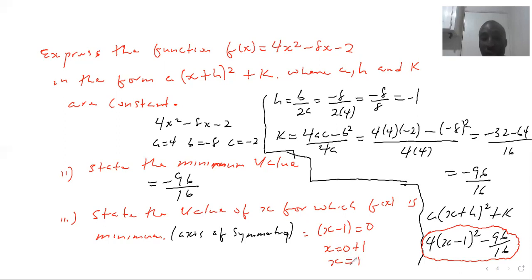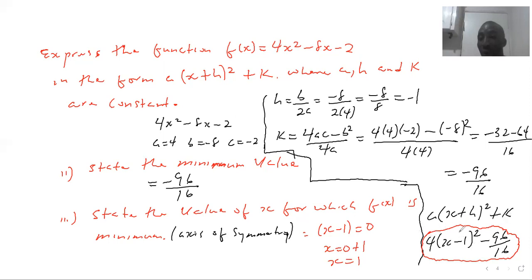Is that clear, guys? Remember, the first thing we do is write in the form of completing the square using the formula h is b over 2a, k is 4ac minus b squared over 4a. We substitute in the values and work it out to get negative 96 over 16. Then we substitute in the values for a, h, and k.